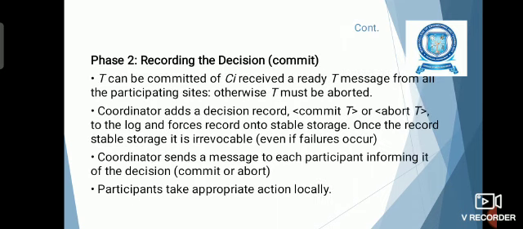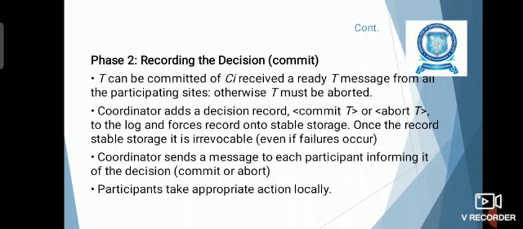In phase 2, after taking the decision, that is, the decision will be taken in phase 1 whether the transaction can be committed or not, in phase 2 the decision will be implemented, that is, recording the decision. The actual commit operation happens in phase 2. T can be committed if CA received a ready T message from all the participating sites, otherwise T must be aborted.